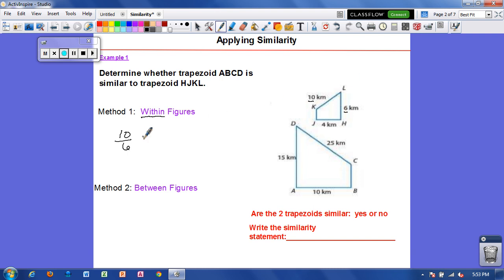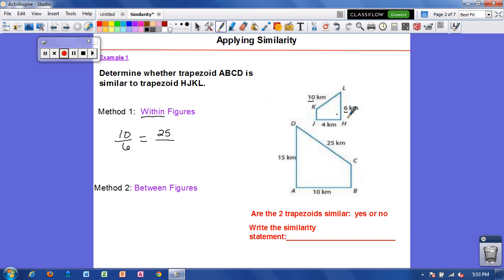Now, I've got to set up a proportion, so I'm comparing two ratios. So I took side LK from the smaller one. That was the diagonal side. So I want to come down here to the bigger trapezoid, and I'm going to take the diagonal side of this bigger one, which would be side DC, which measures 25 kilometers. So I will have 25.